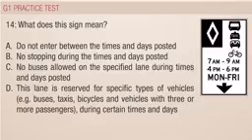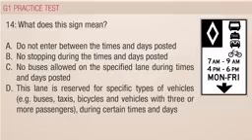Question 14. What does this sign mean? A. Do not enter between the times and days posted. B. No stopping during the times and days posted. C. No buses allowed on the specified lane during times and days posted.